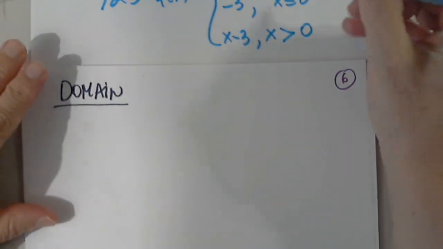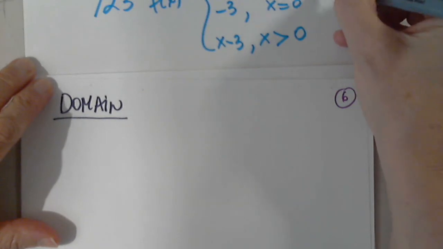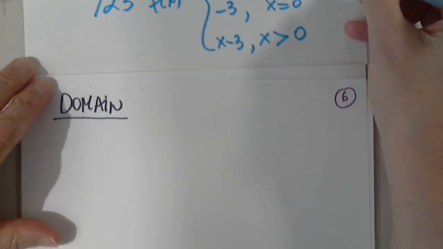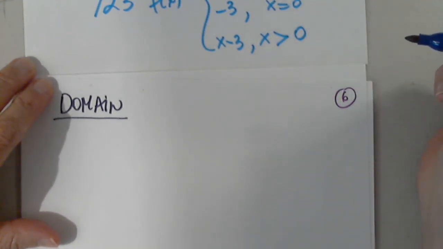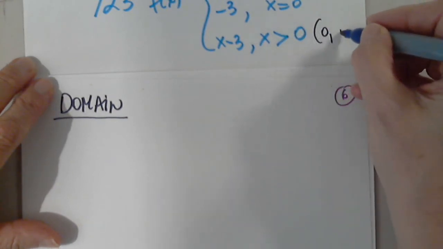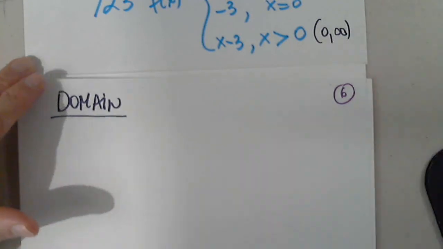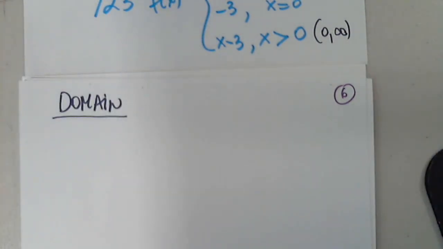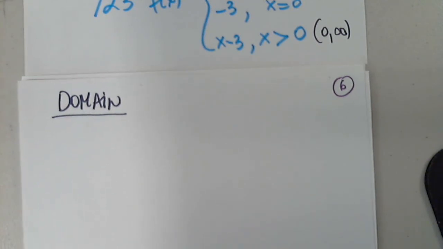So I'm looking at x less than 0, and I know that this is the interval negative infinity to 0. I'm looking at this and I know that this is the same as the interval 0 to infinity. If there is something you don't remember, please don't be shy and tell me, I don't remember this, and I will explain. You're helping me and your colleagues and yourself.